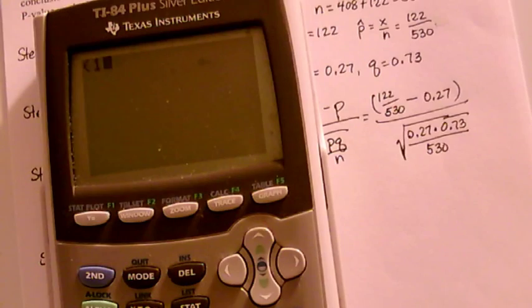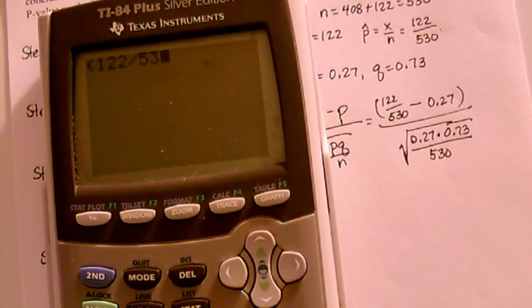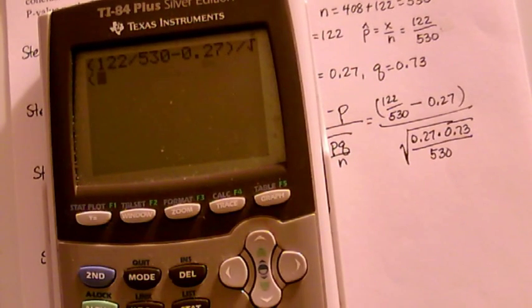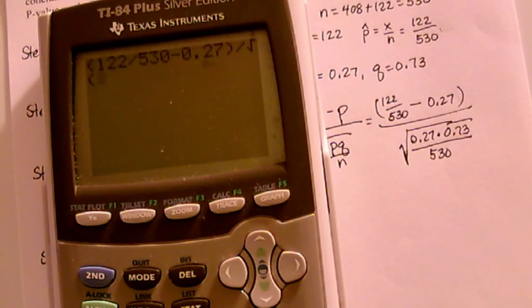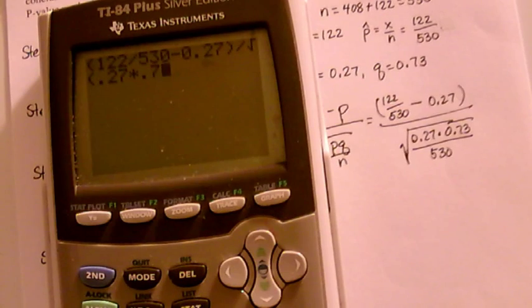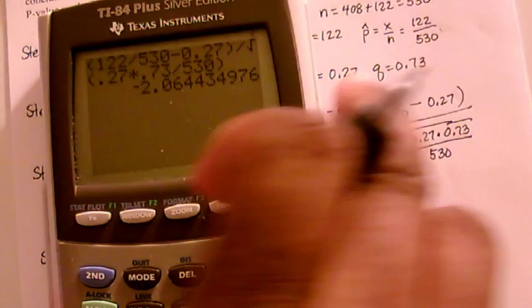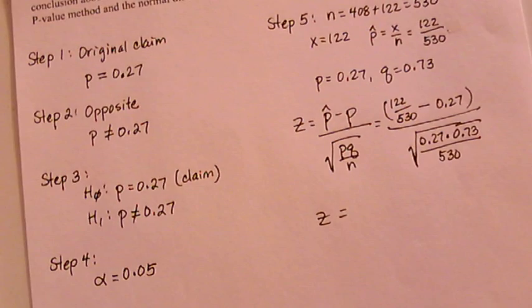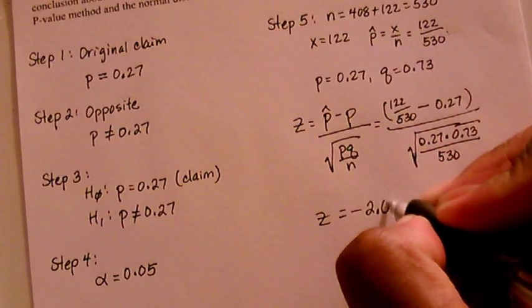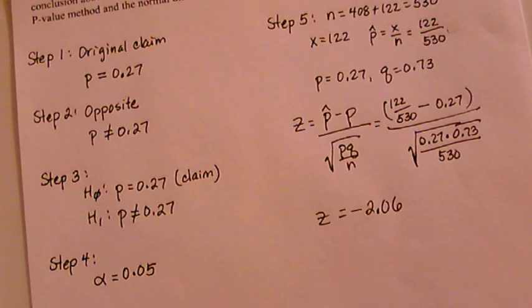So left parentheses, 122 divided by 530, close parentheses, minus 0.27, now close the parentheses, divided by second x squared for the square root of 0.27 times 0.73 divided by 530, close my parentheses, hit enter, and you get negative 2.06. So the Z, your test statistic in this case is negative 2.06. So that's your test statistic, negative 2.06.